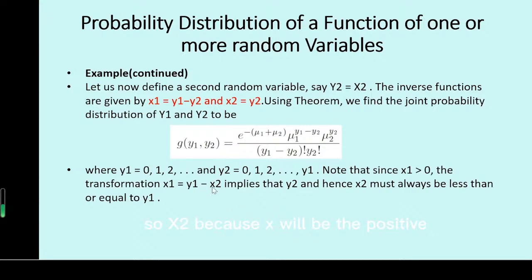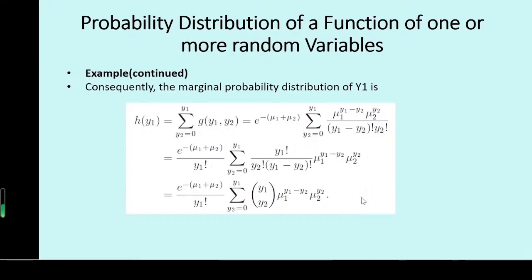So x2, because x1 is positive, must be less than or equal to y1, right? Because x2 equals y2, which also means y2 must be less than or equal to y1. So that's why the available value for y2 is 0, 1, 2, 3, 4 until y1, right?